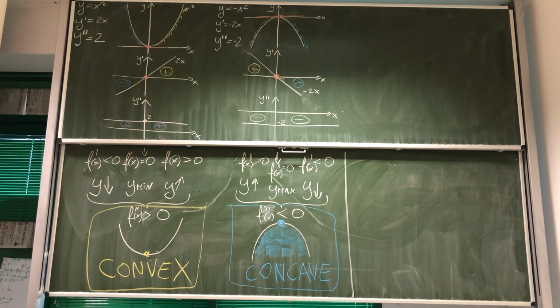Okay, and look, out of this, we can get that if we have a specific combination of first and second derivative, we will get one of the four types of shape.